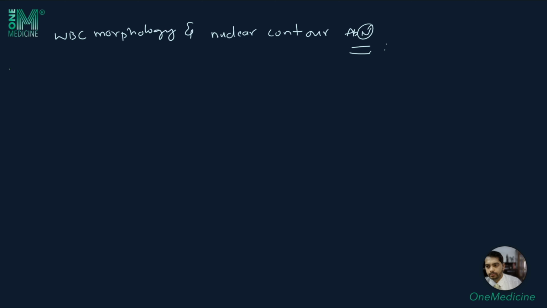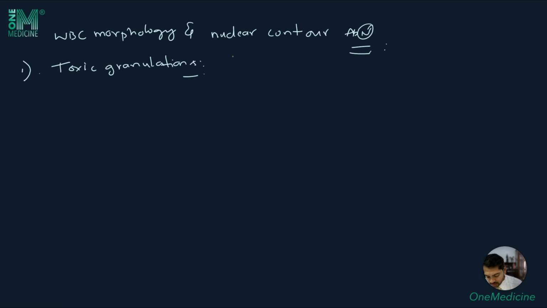Now let's move to WBC morphology and nuclear contour abnormalities. The first among these is toxic granulations.